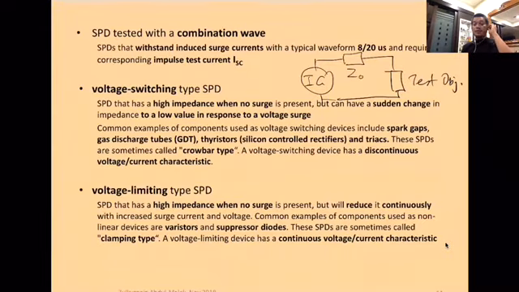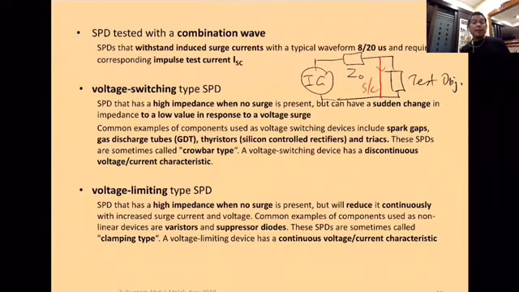The test object is usually, for example, your SPD, and when you short circuit this one, it will produce an 8/20 microsecond current.